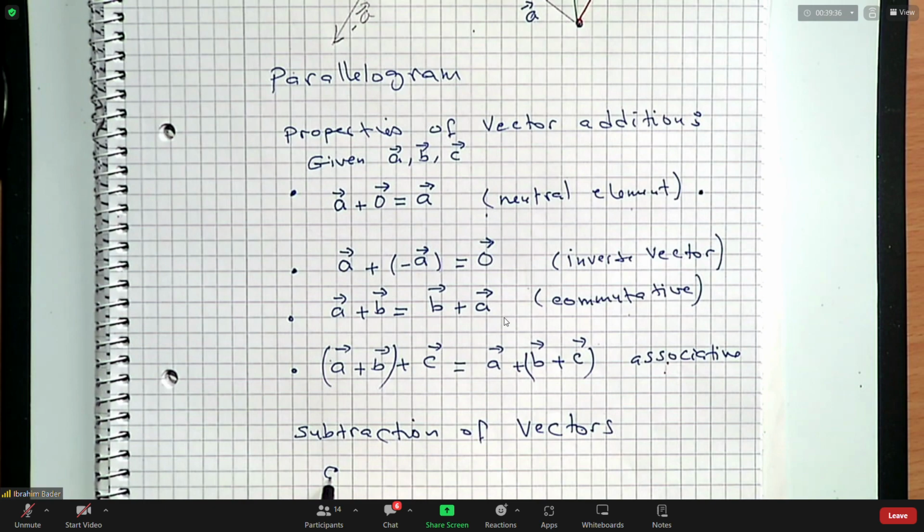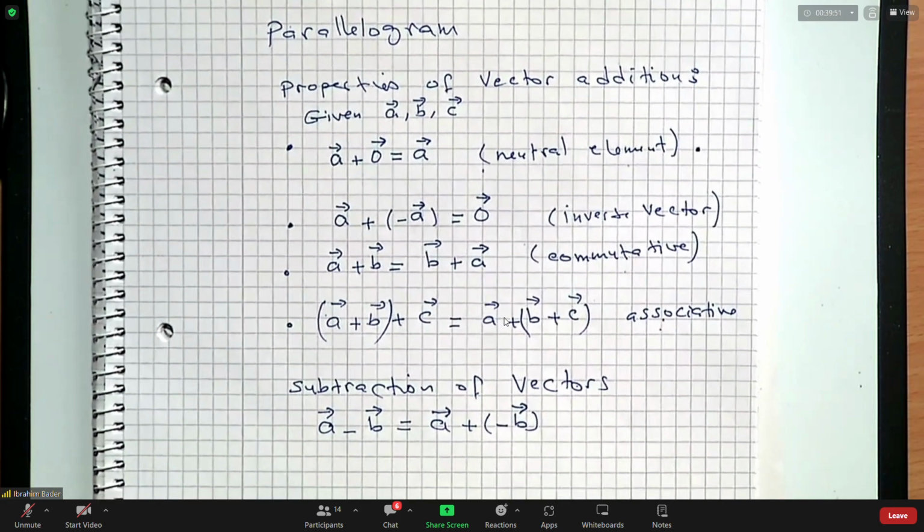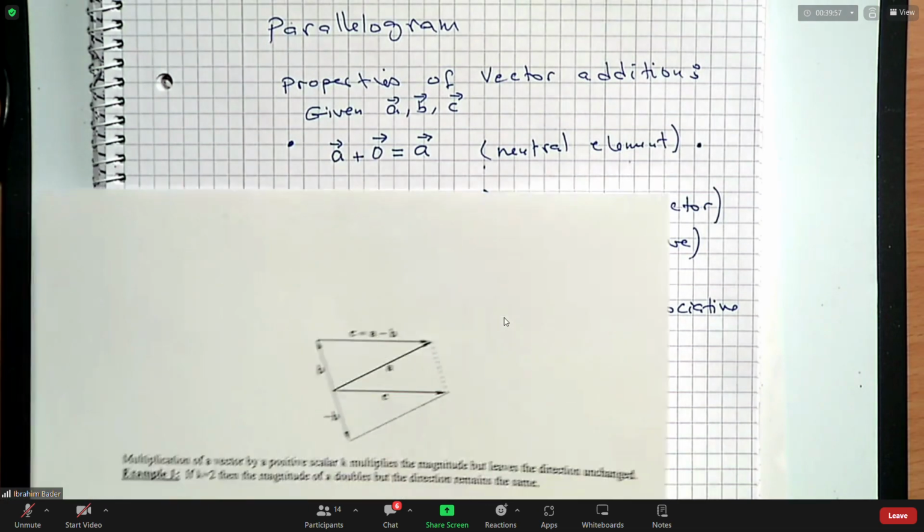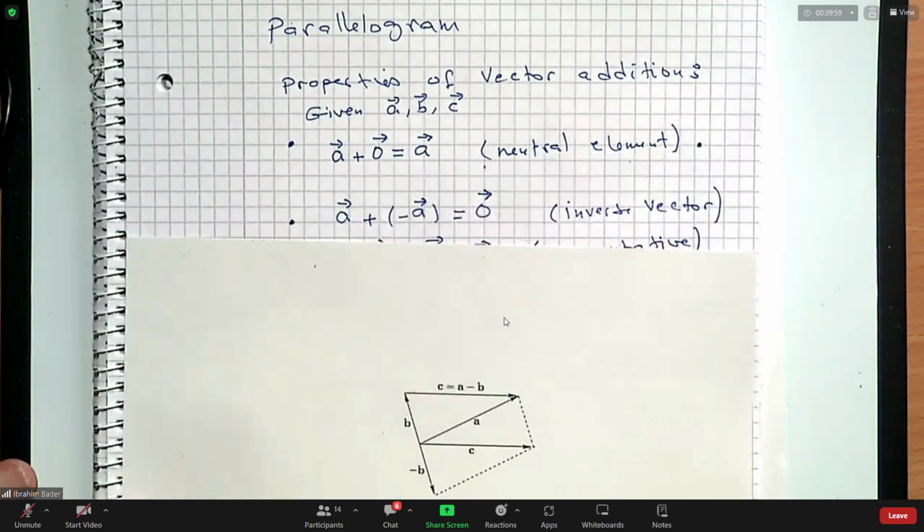So I define A minus B as A plus the inverse of B, or negative B. I'm not going to plot it, I can show you the graph here.